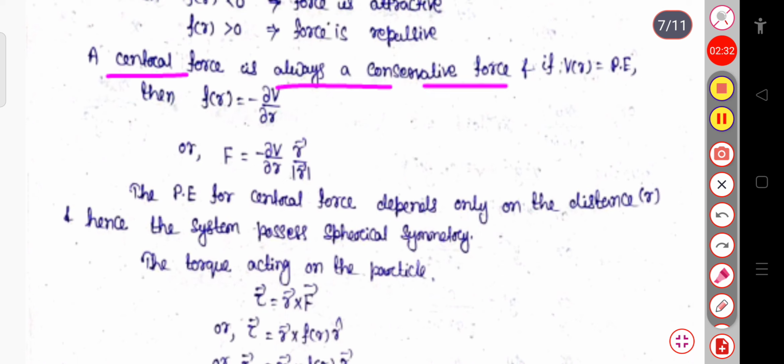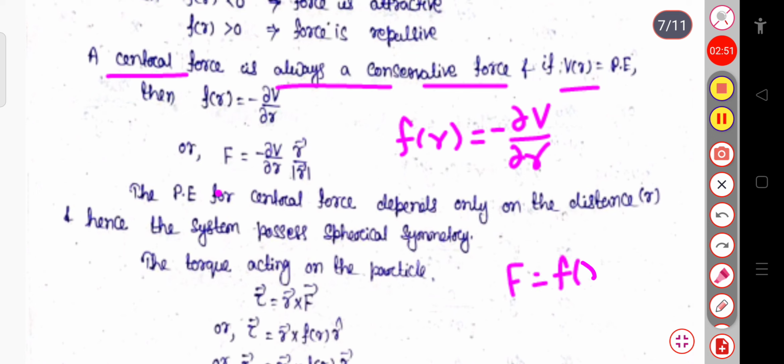If V of r represents the potential energy, then we can write the central force equal to the negative gradient of the potential, that is minus dou V by dou r. Or this capital F equal to f of r into r cap, the central force.